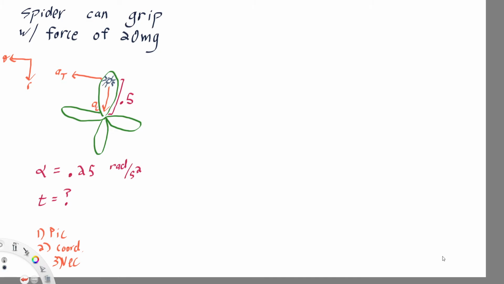All right. So the spider will be able to hold on until the magnitude of the total force it's experiencing exceeds 20 mg. So the total force experienced by the spider, what variable do I want to call that?